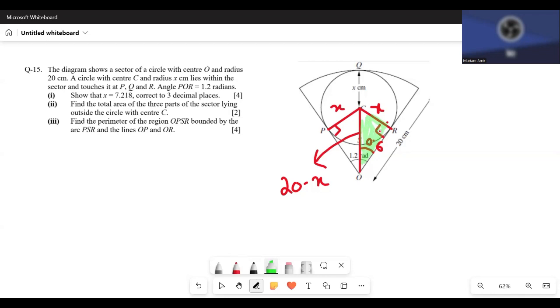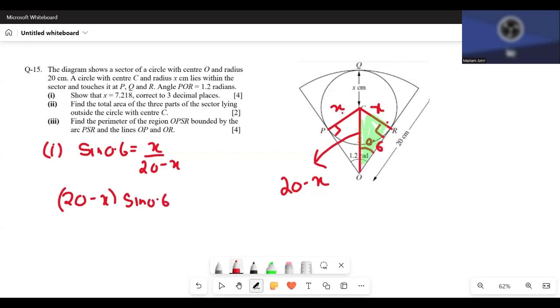and find x. So we can use sine theta, which equals opposite upon hypotenuse. Now theta is 0.6, so let's replace theta with 0.6. And now we cross multiply: 20 minus x times sine 0.6 equals x.